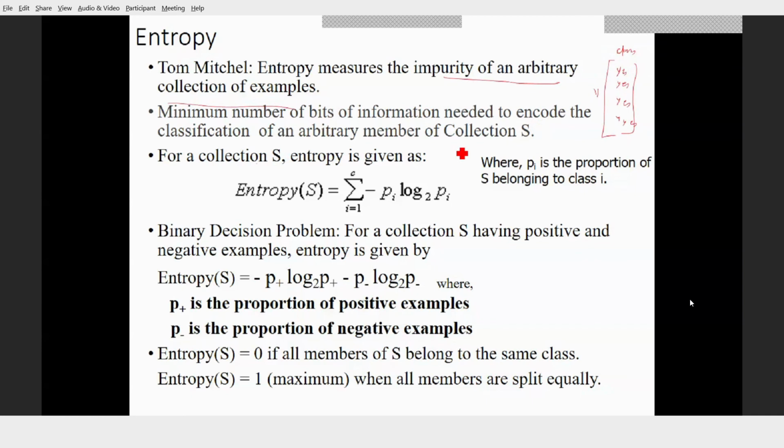If you have 80 percent yes and only 20 percent no, then this is also relatively pure data, because there is one element whose probability is higher than the other. If you have absolutely 50-50 percent of the data, then the randomness in the data is maximum, isn't it?